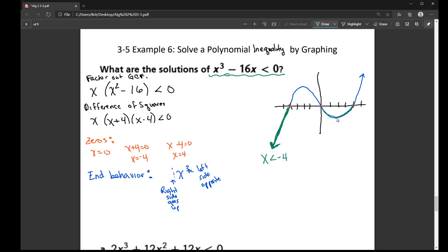And then this green part here, where x is kind of sandwiched, right? X goes between 0 and 4. And it's not inclusive of those zeros because it doesn't equal 0 here. The inequality says where it's not equal to 0. So these are the solutions.